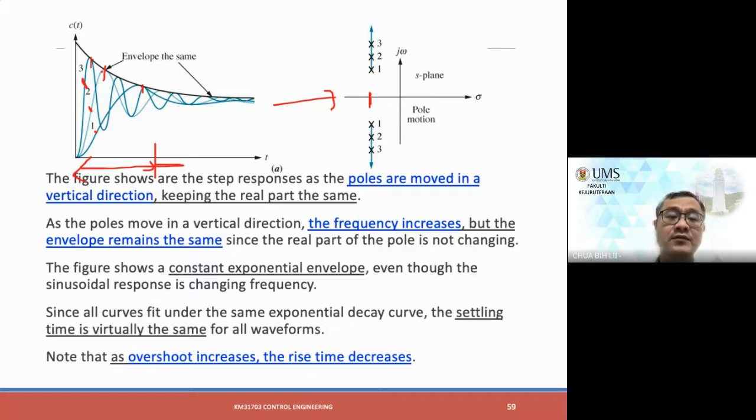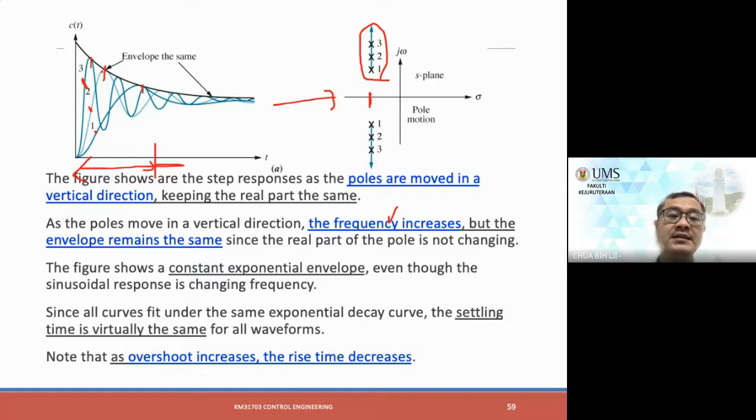For line number 2, we may have one maximum and one minimum in 1 second. For line number 3, we have one maximum, one minimum, one maximum, one minimum, and one maximum. So 3 maxima and 2 minima, meaning the frequency is much higher. So by increasing the imaginary value, the frequency will increase.